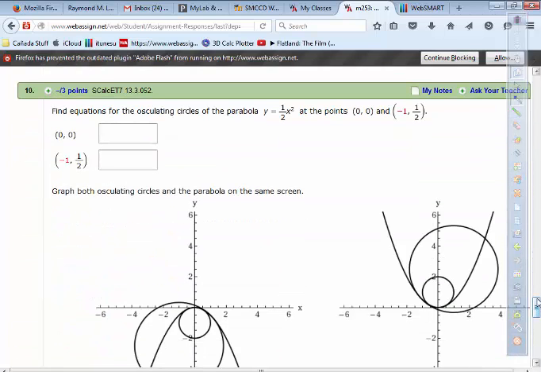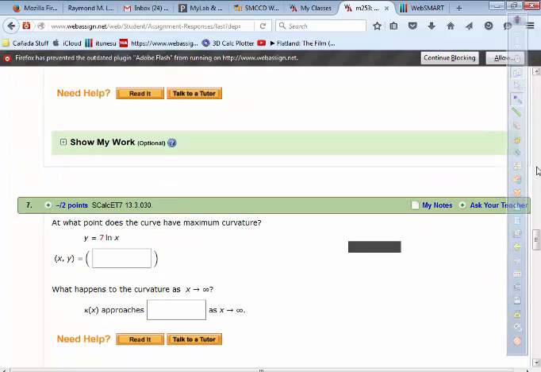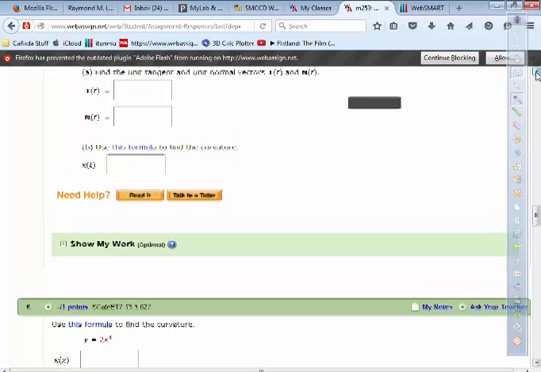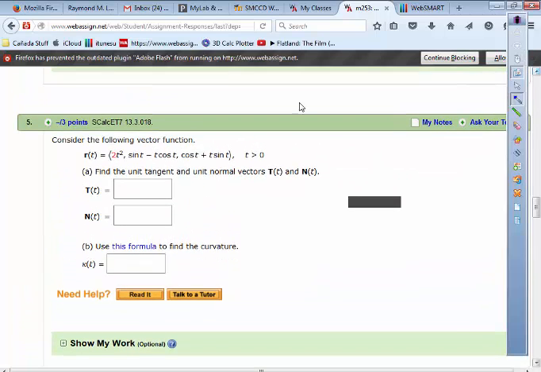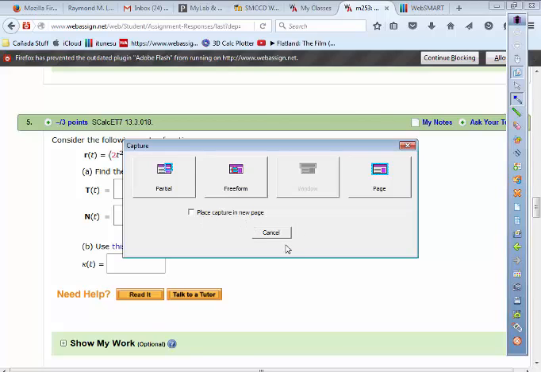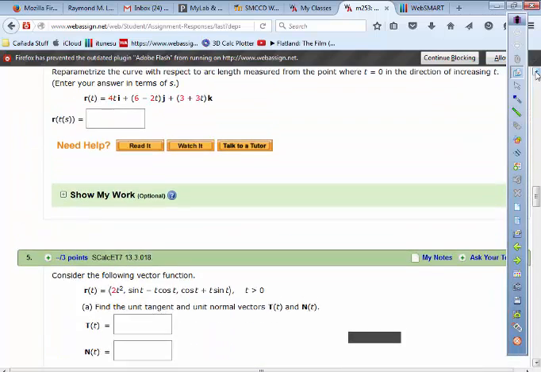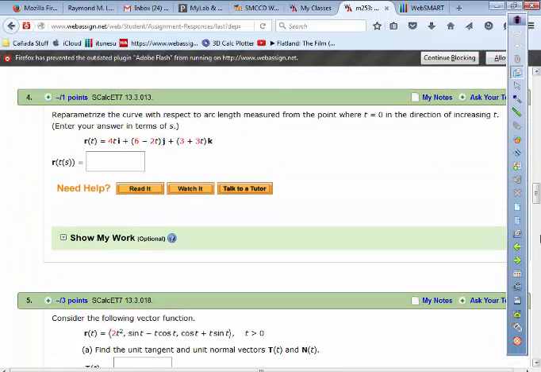Where's our curvature problems? Here's one over here. That doesn't look easy. Wait, let me see if there's another one. No.